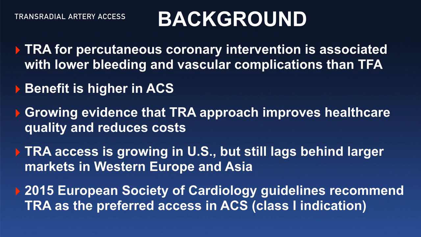ACS refers to patients who have unstable coronary events and end up in the hospital. That's a spectrum from what we call unstable angina to full-blown heart attacks. That's to be distinguished from outpatients who maybe just have stable symptoms and an abnormal stress test, and we electively do the procedure as an outpatient.